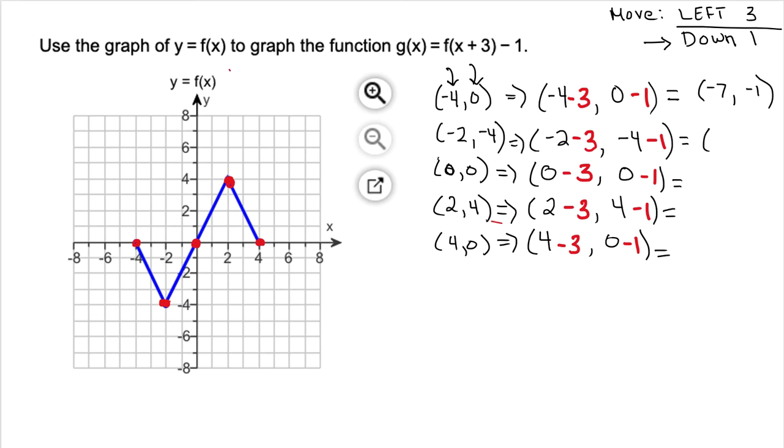Negative 2 minus 3 is negative 5, and negative 4 minus 1 is negative 5. So my next ordered pair is negative 5, negative 5. 0 minus 3 is negative 3, and 0 minus 1 is negative 1. 2 minus 3 is negative 1, and 4 minus 1 is 3. 4 minus 3 is 1, and 0 minus 1 is negative 1.